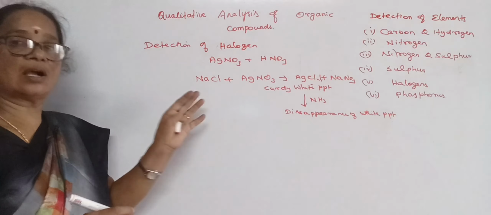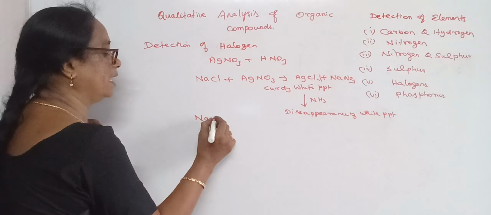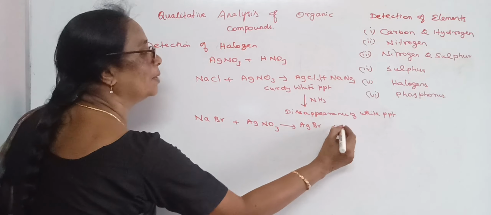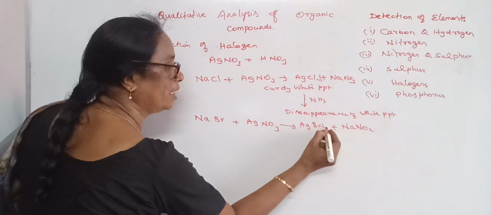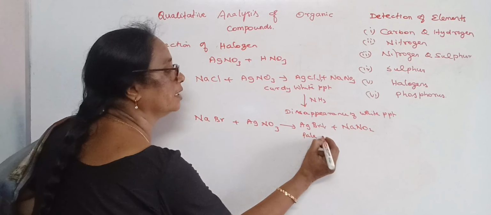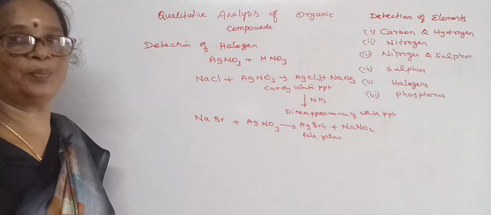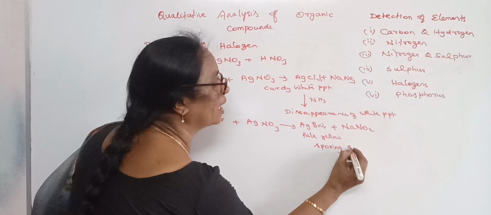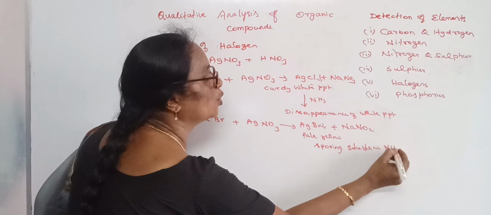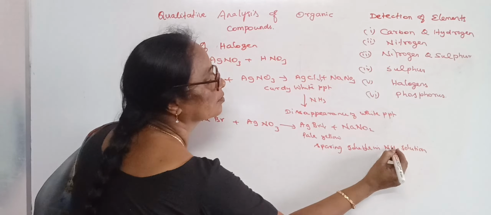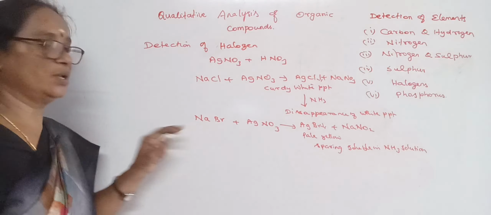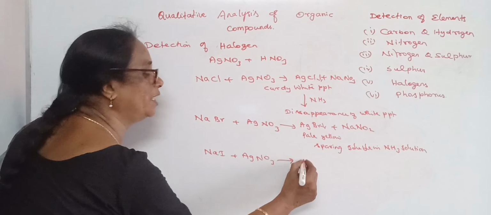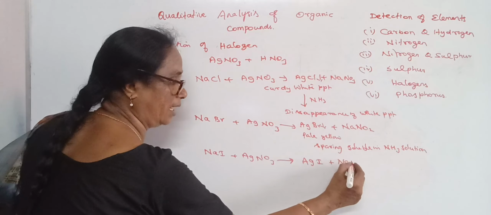Instead of chloride, if the compound contains bromide, I can write NaBr plus AgNO3 that gives AgBr plus NaNO3. This AgBr is a pale yellow precipitate which is sparingly soluble in ammonia solution. Or if the compound contains iodide, the reaction will be NaI with silver nitrate. The precipitate is silver iodide and NaNO3.